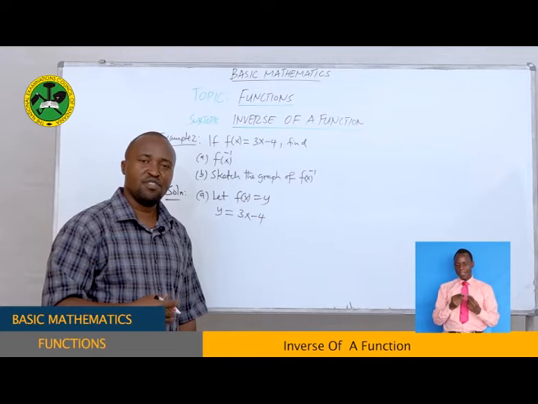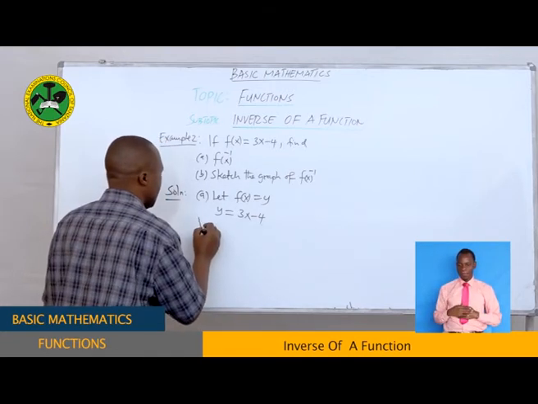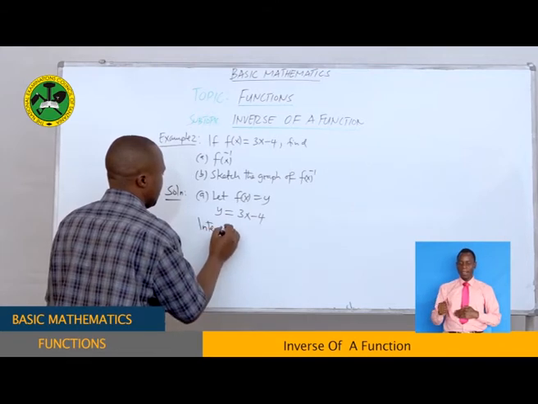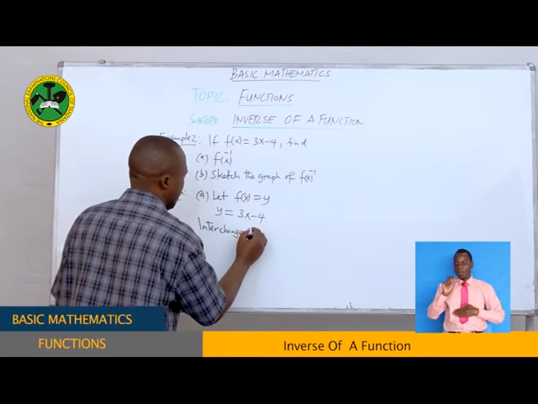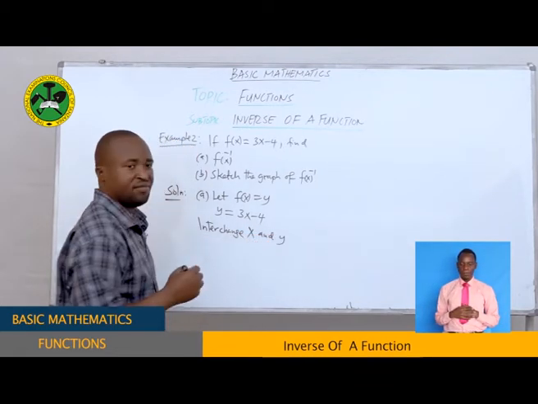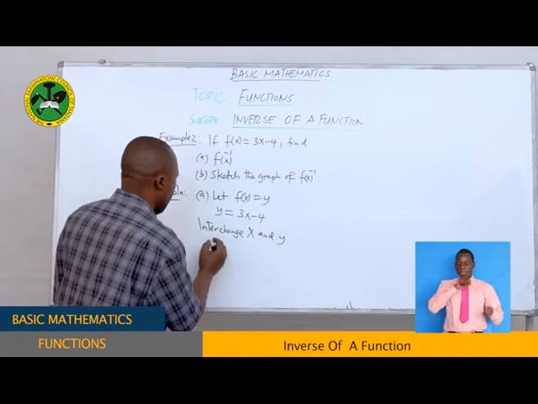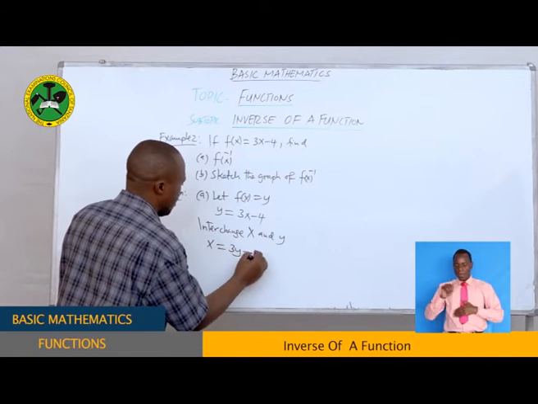The second step, we interchange the variables. That is, interchange x and y. In this case, x is equal to 3y minus 4.